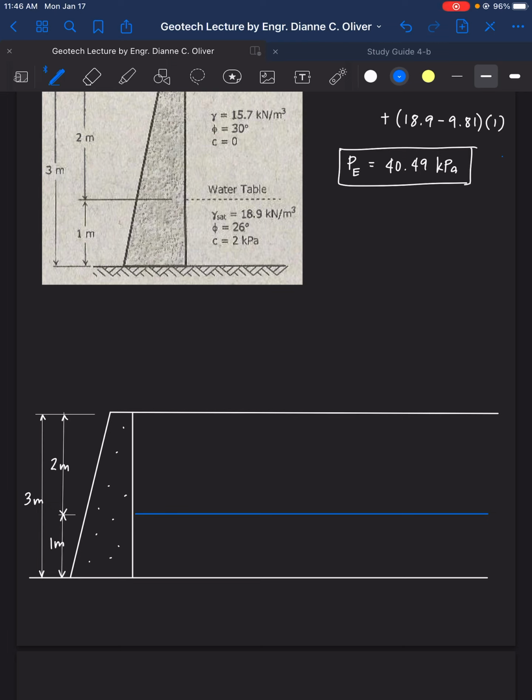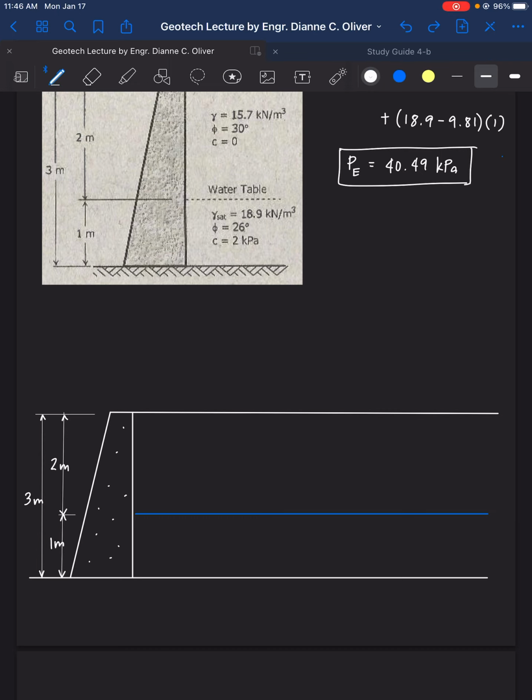We need to take note that these are two different soils. So phi here is different from the phi on the lower section. Again, let's be reminded, we will be applying the special case here for the soil part. We discussed that special case in part 1 of this topic.